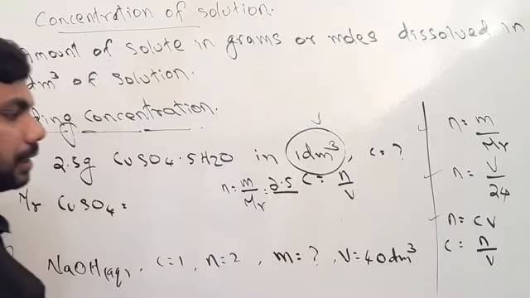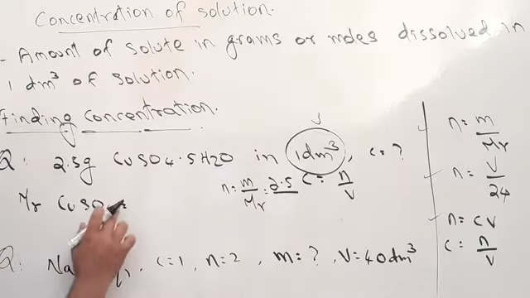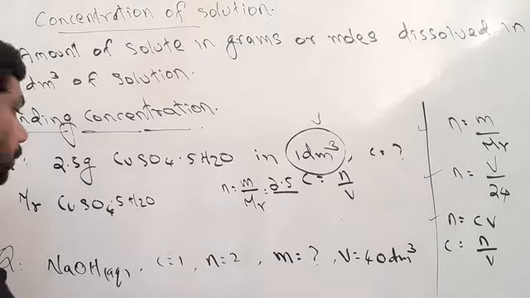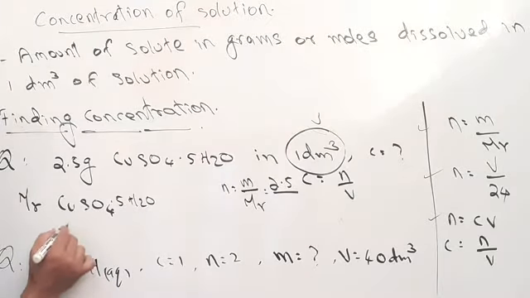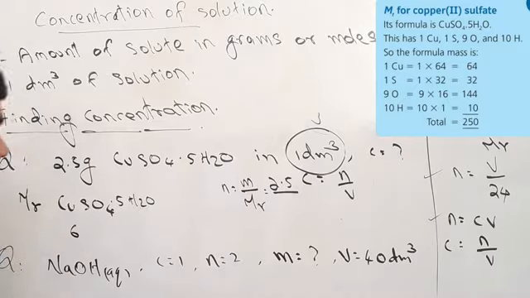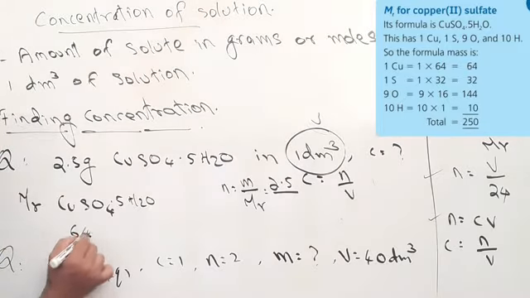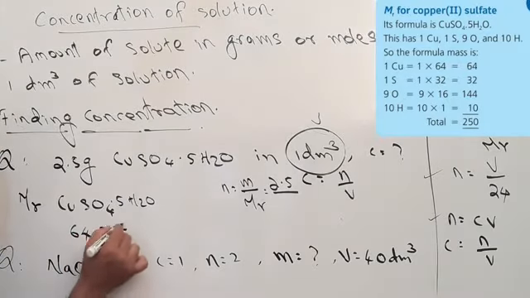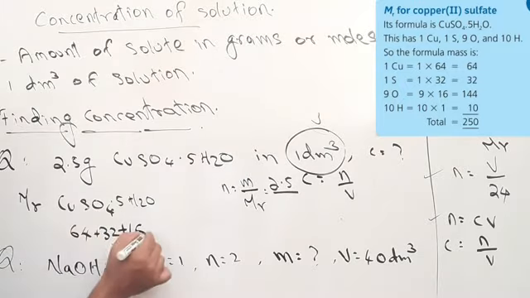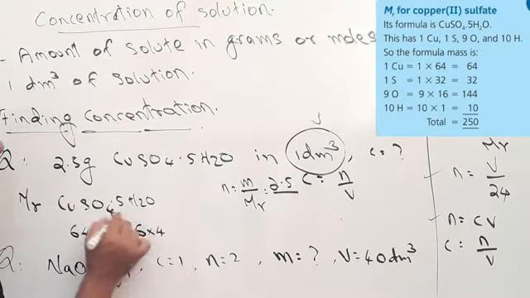Now the molecular mass of copper sulfate with 5 water molecules. Use your periodic table. You can find the relative atomic mass of copper 64, sulfur 32, oxygen 16. Here there are 4 oxygen, so 16 times 4.